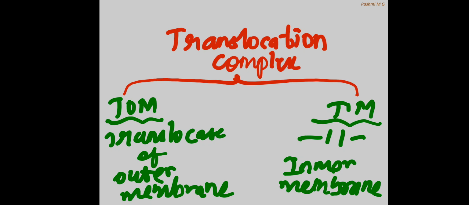So there are two distinct translocation complexes that mediate translocation and are situated in the outer and inner mitochondrial membrane. The translocation complex which is present in the outer mitochondrial membrane is termed TOM, and the translocation complex which is present in the inner mitochondrial membrane is TIM.